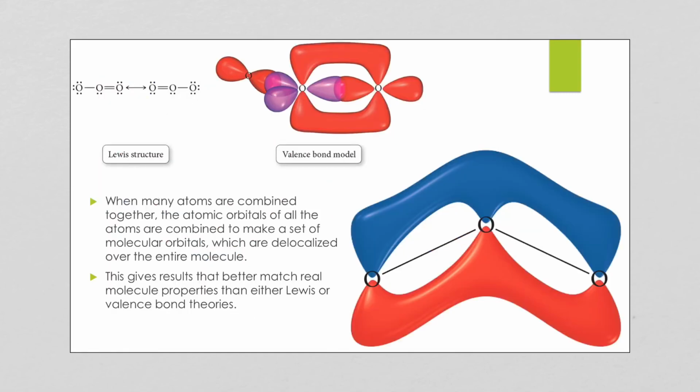Now, we talk a little bit about delocalization and how this helps us with delocalization. So let's look at ozone, right? Remember ozone, we had 2 resonance structures. Valence bond theory shows a double and a single bond.